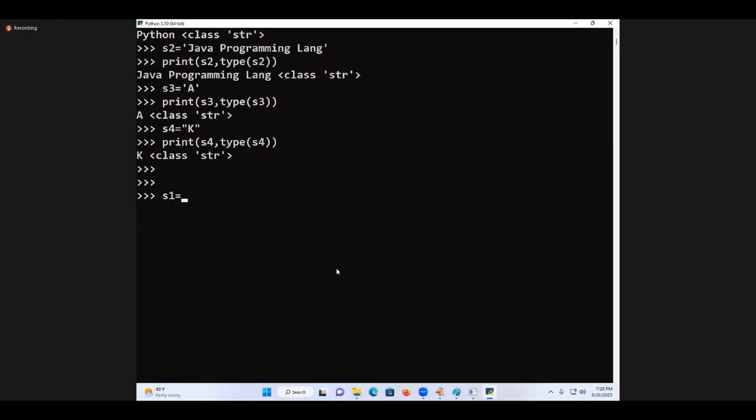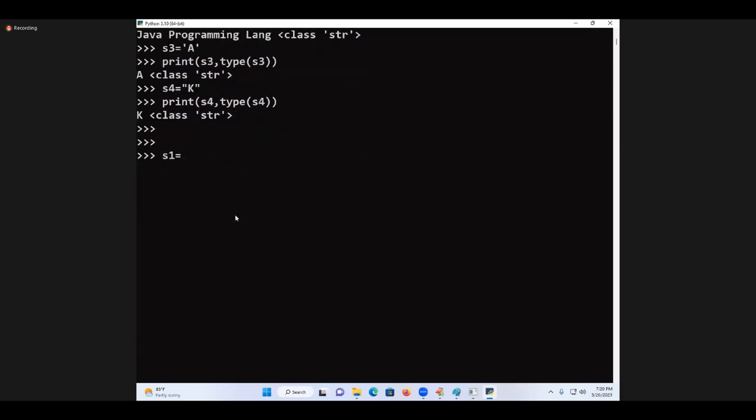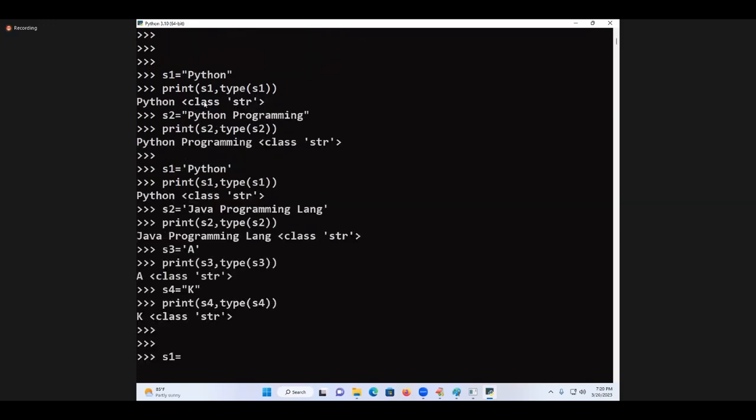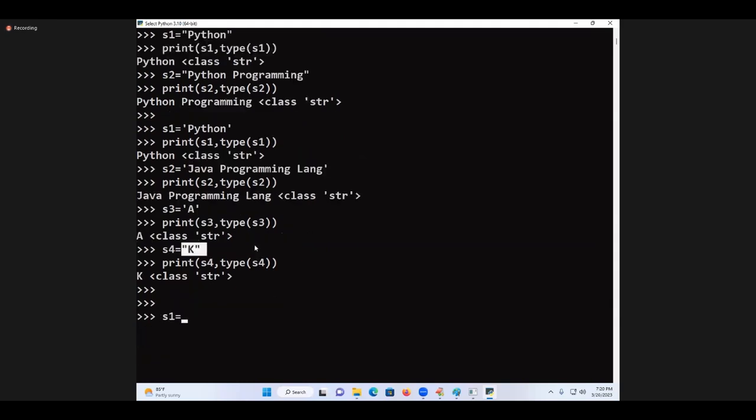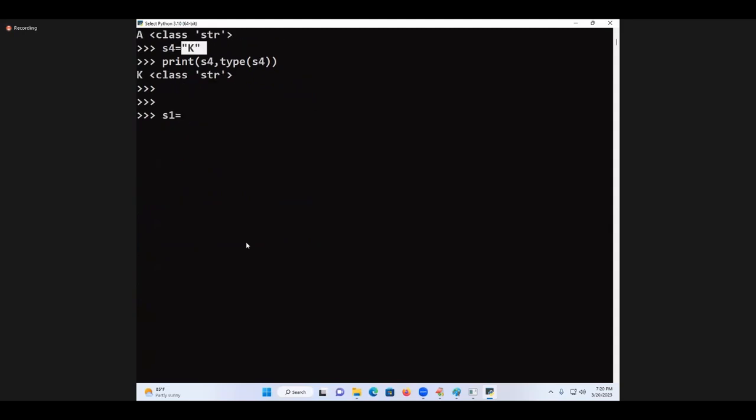Next I am going to take s1 is equal to. Up to here clear? Now be careful. Not only string data: so far only alphabets were taken inside double quotes and single quotes. How many notations are there so far? 2. One is double quotes, the other single quotes. Now, inside double quotes, 1, 2, 3, 4, 5, 6, 7, 8.